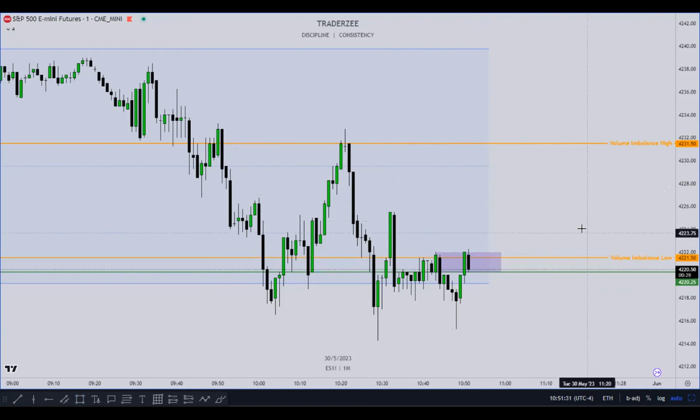This is just me watching price, how it's reacting to the levels I'm watching. It's not a trade idea. I don't think sell side is next for the dollar now. It's failing. It's failing to go lower.